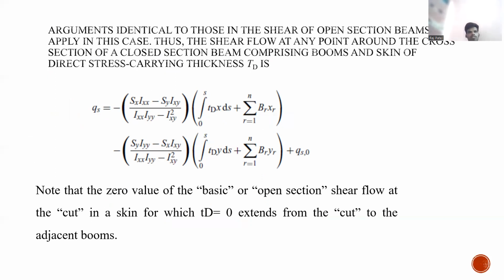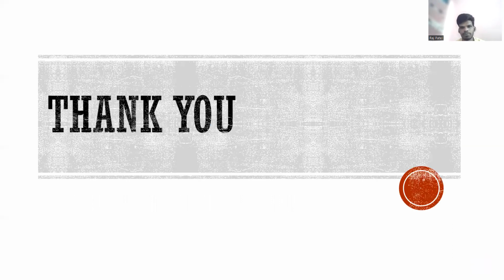For the shear flow of beams for open sections, it becomes Sx into Ixx minus Sy into Ixy divided by Ixx into Iyy minus I square xy, integral of t x dx, plus the summation of r equals 1 to n of Br into xr, where B is the boom area and x is the distance from the neutral axis. Thank you.